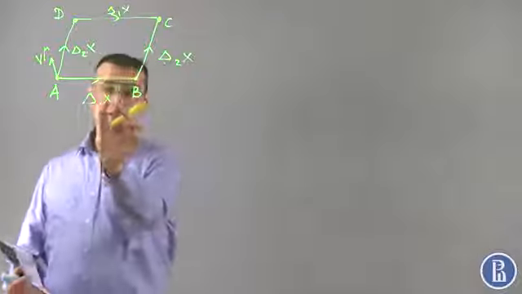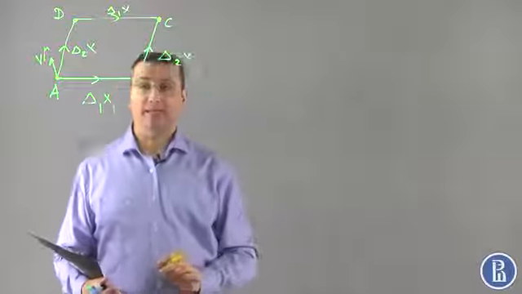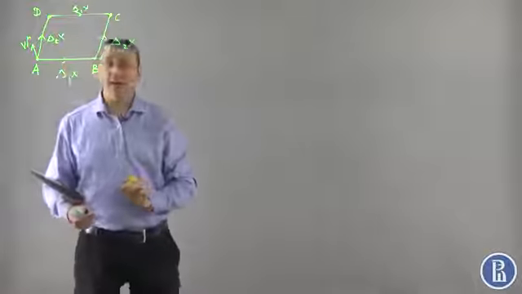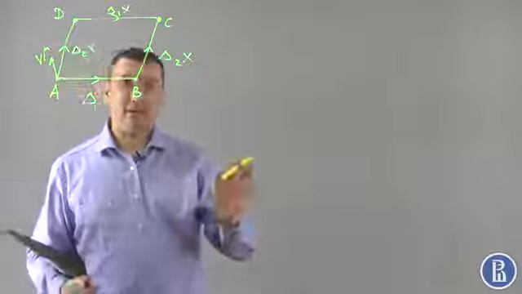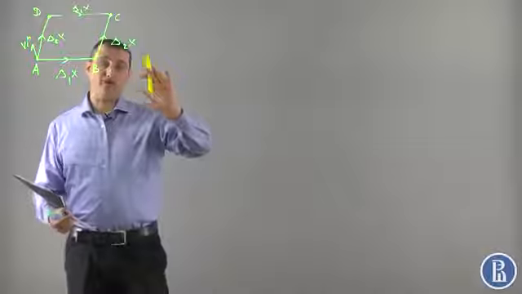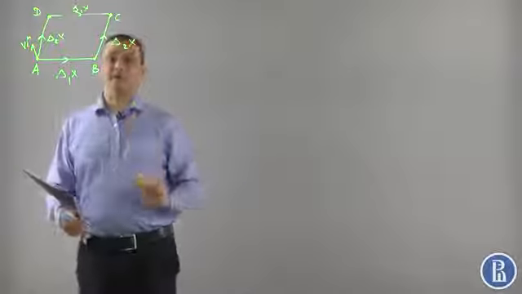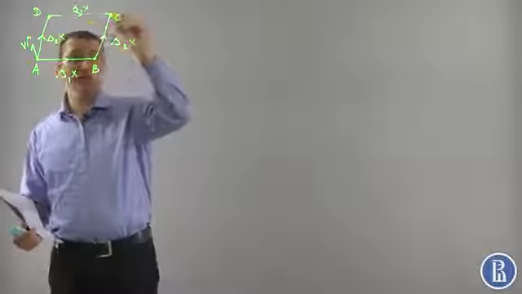We assume that these are very small, and we do not distinguish this side from that side, just because the distinction between them appears in the calculations that we are going to do at higher order of smallness. So we make two parallel transports of v mu to this point.